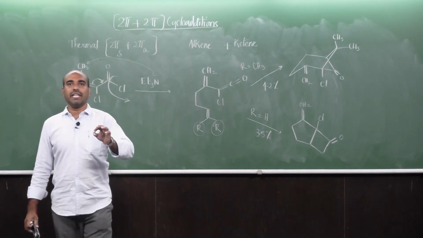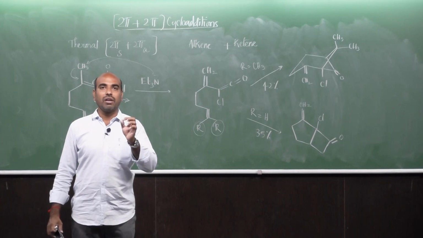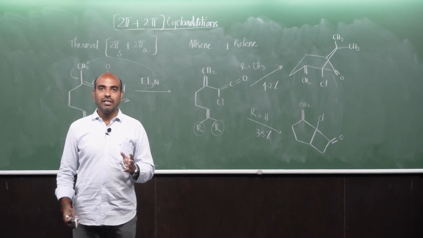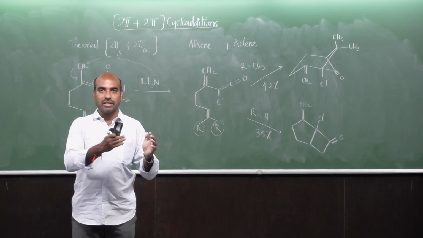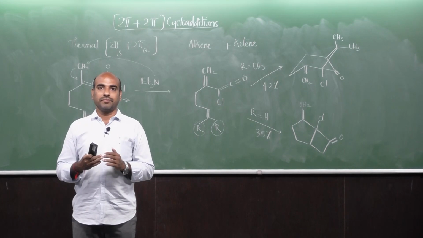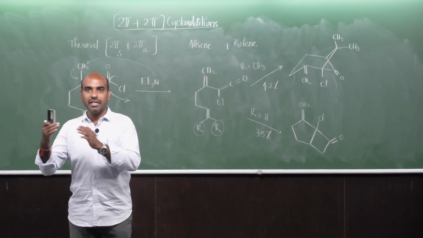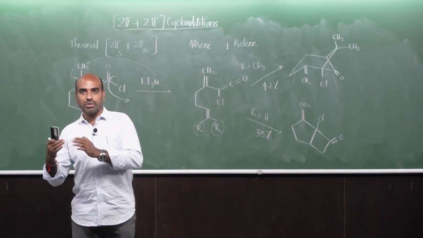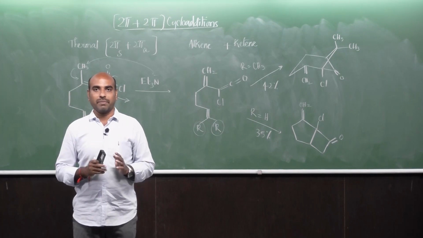Whenever a ketene contains an electron withdrawing group like the halogen on the alpha carbon atom, the energy of the LUMO, which is generally from the ketene, will decrease in energy. So, the energy of the LUMO of a ketene gets reduced if there is an electron withdrawing substituent on the alpha carbon atom.